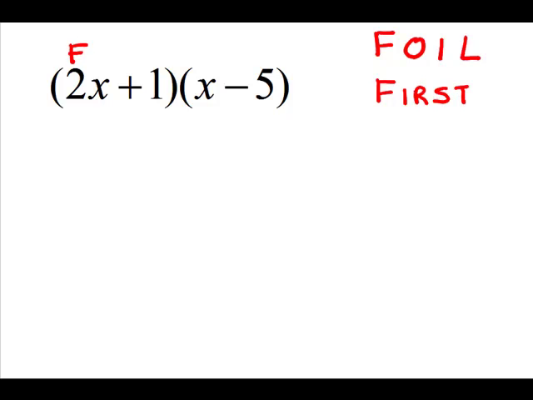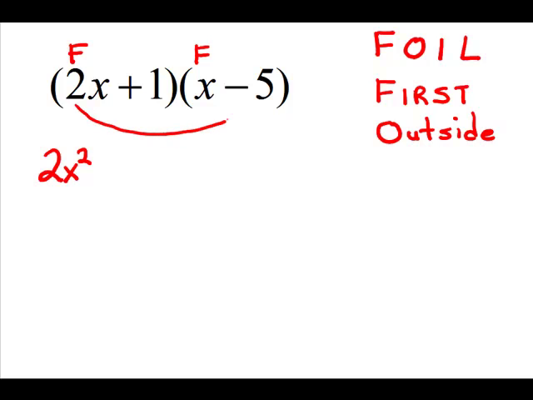So the 2x is a first term and the x is a first term, and we want to multiply those. So 2x times x will give us 2x squared. Then we'll do the outside or the outer. Remember, you always take one term from each set of parentheses. So the 2x is an outside term and the minus 5 is an outside term. They're on the outside edge.